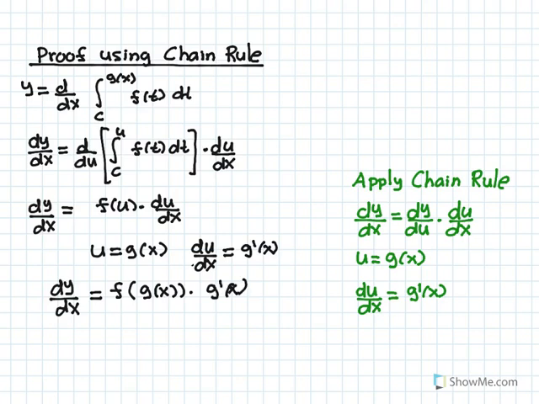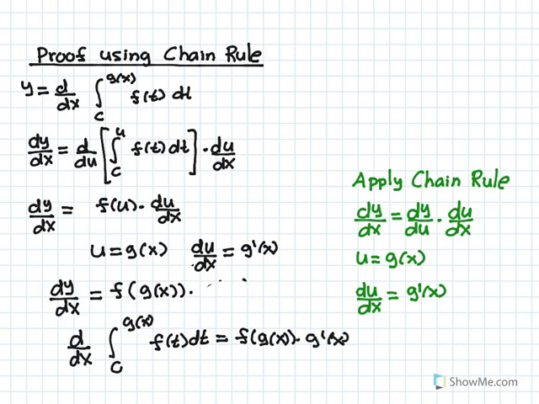So we've just proven that d/dx of the integral from c to g of x of f of t dt is equal to f of g of x times g prime of x. Let me clean this up and rewrite it.